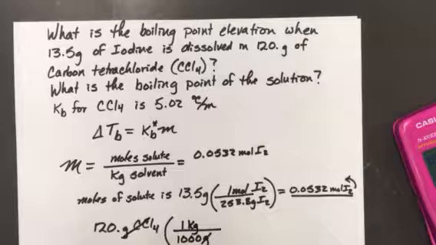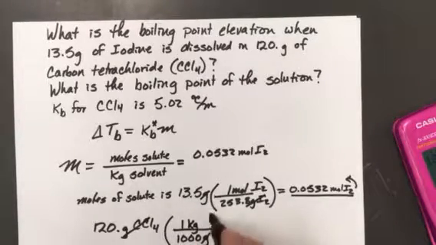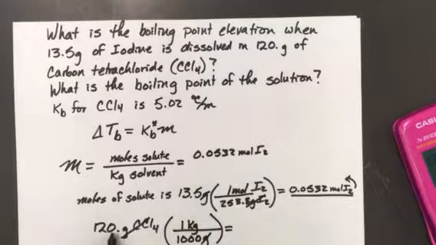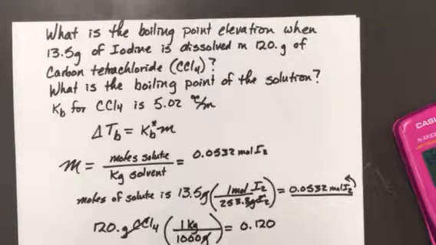So that will cancel. Notice that grams canceled here too. And I will just complete this. 120 divided by 1,000 is going to be equal to 0.12. Now notice you have 3 significant digits here, so I'm going to add a zero to make sure I've got the correct number of significant digits.